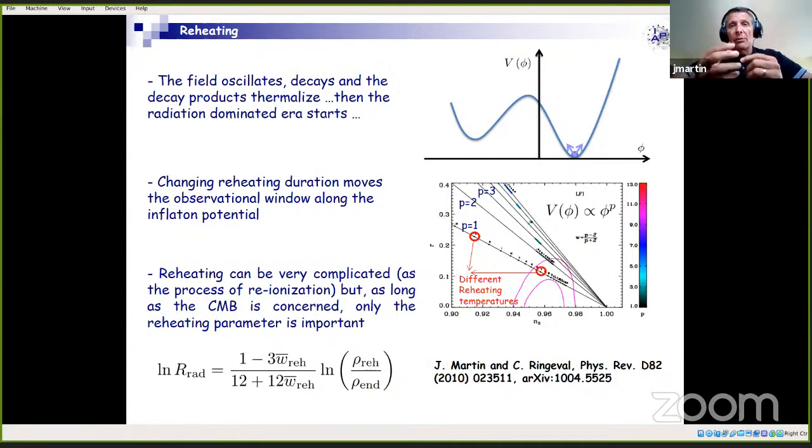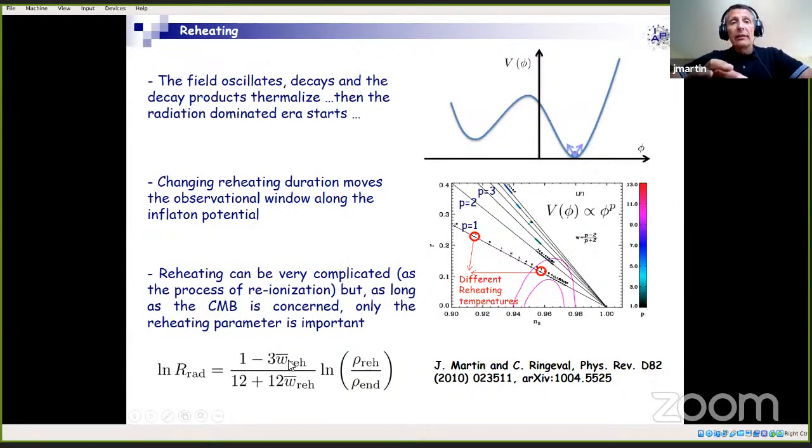It is clear that there is no way with this method to distinguish between instantaneous reheating and a reheating which would proceed with an equation of state that of radiation, because in that case, you cannot distinguish reheating from radiation. And you can check indeed that instantaneous reheating, which means rho reheating is equal to rho end, means that R is 1.